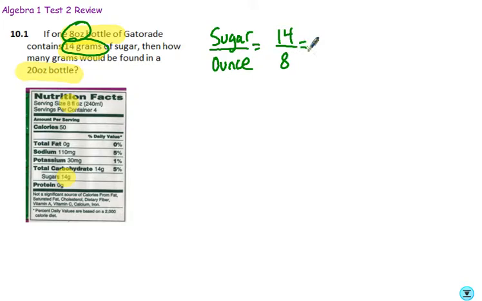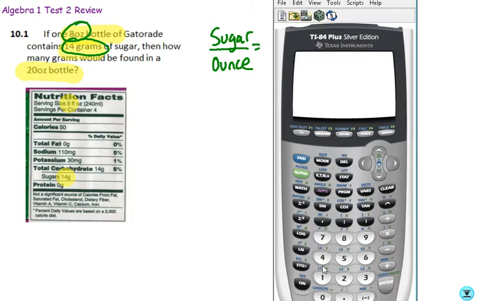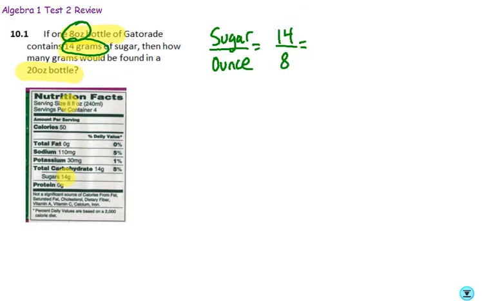You get 14 divided by 8, and that gives us 1.75. So if there's 1.75 grams of sugar per ounce, then the question is, how much would there be in 20?